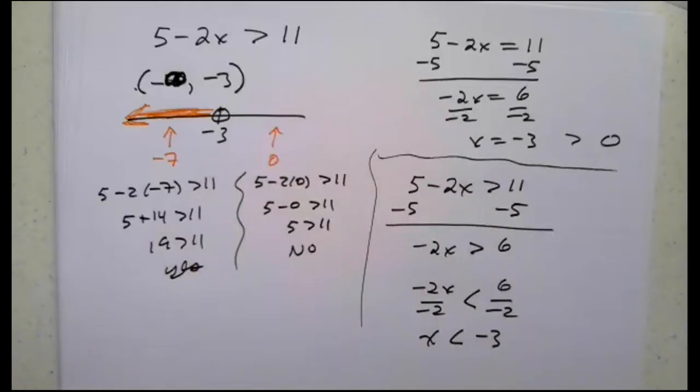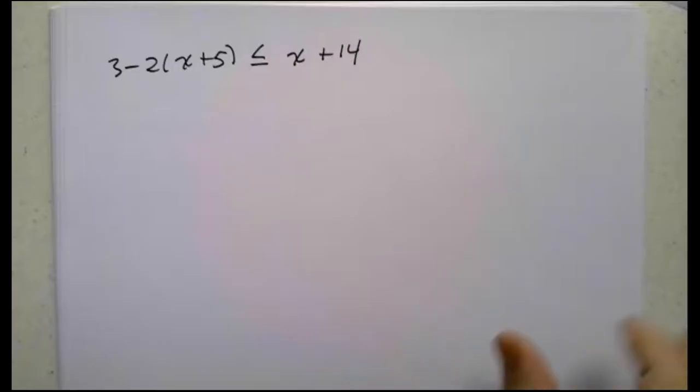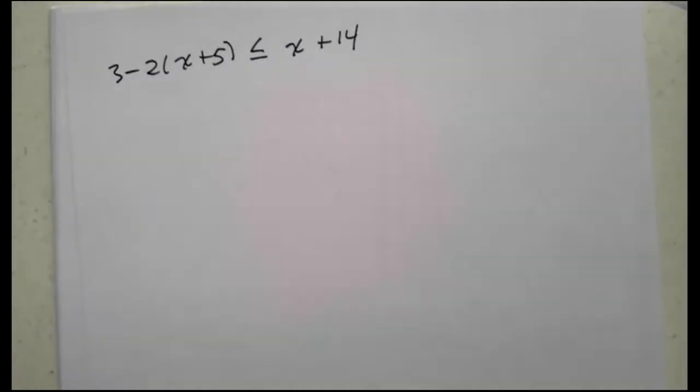Okay, let's see what else I have to do. 3 minus 2 times x plus 5 is less than or equal to x plus 14. Okay. So I want to first do it as an equal. Grab a piece of scratch paper.